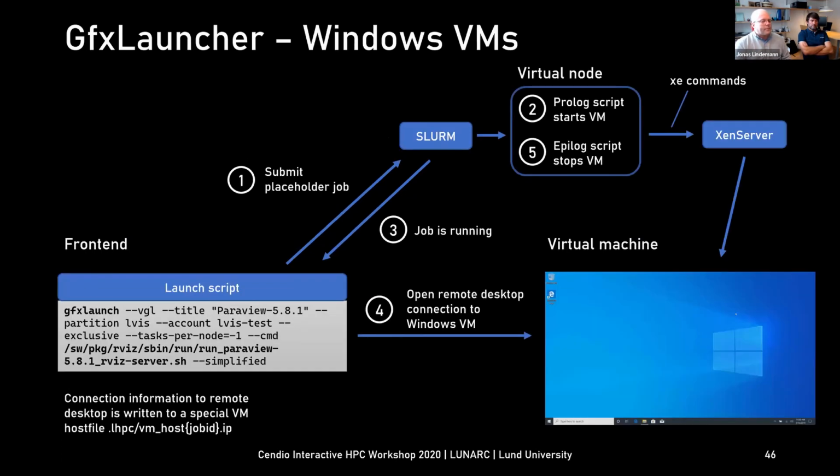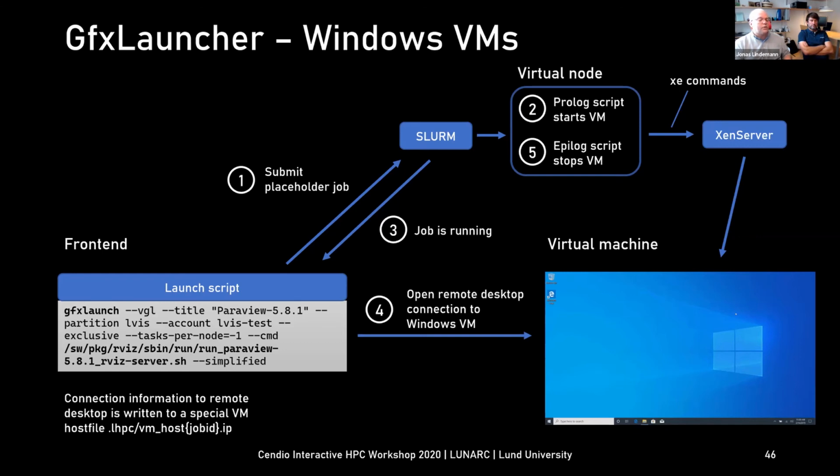The latest launch method is to start virtual machines. In this case, you have a launch script. It submits a placeholder to a special node that we have configured for launching. There is one node connected to every hypervisor node, and this node has special Slurm scripts for starting virtual machines.